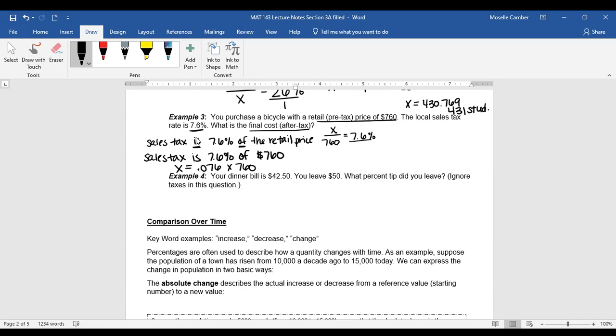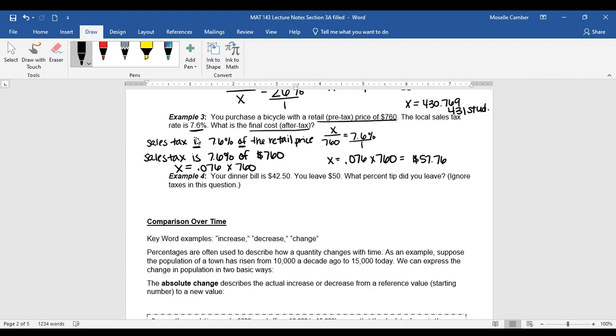Now, again, if we put this over 1 and multiply across here, then you get x times 1 equals 7.6 as a decimal, 0.076, times 760. And multiply that together, and you get 57.76.